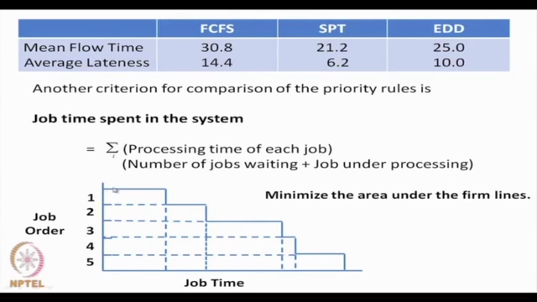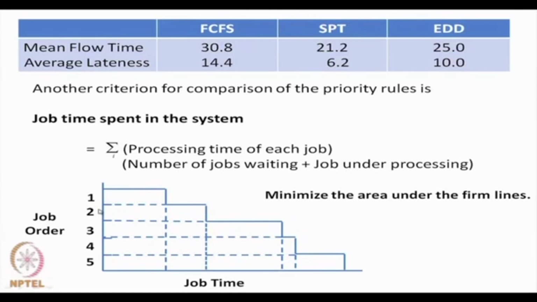So, job 1 takes 12 days and it remains in the process for 12 days. Although its waiting time is 0, its operation time is 12 days. Therefore, 0 plus 12 is the total time it is spending in the system.